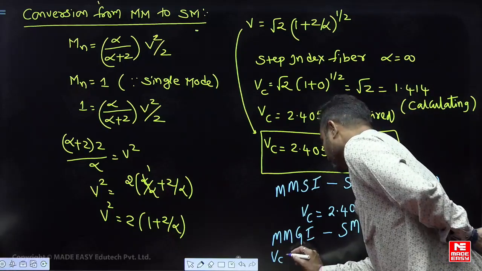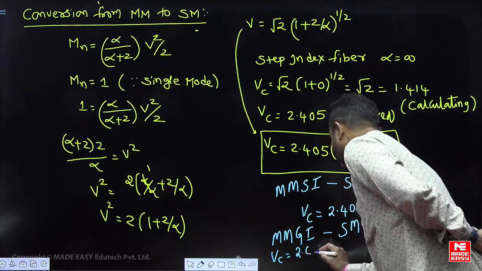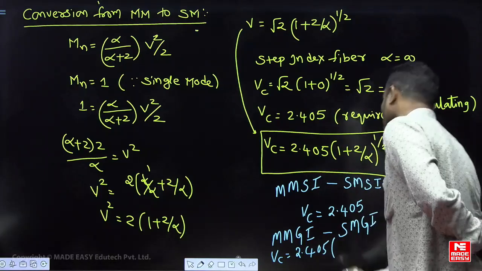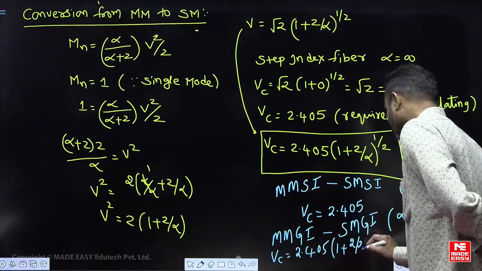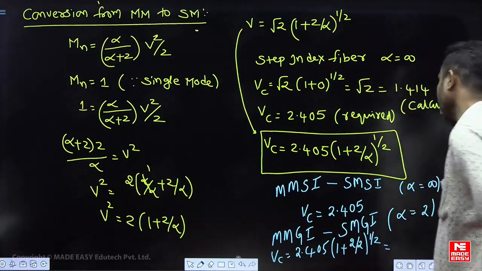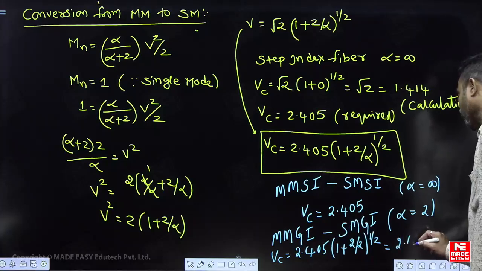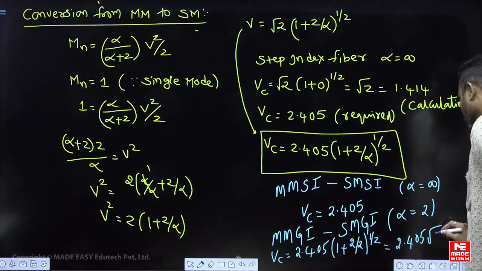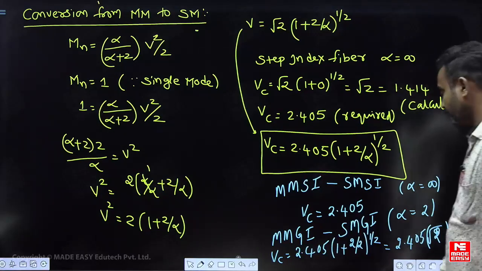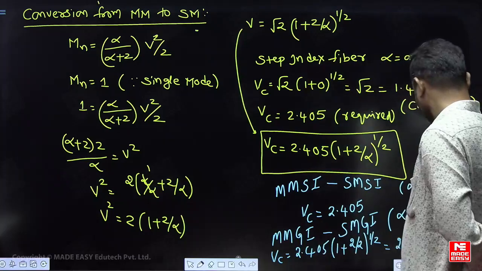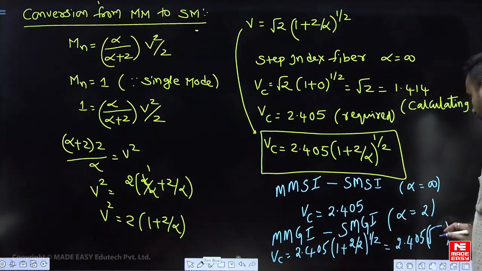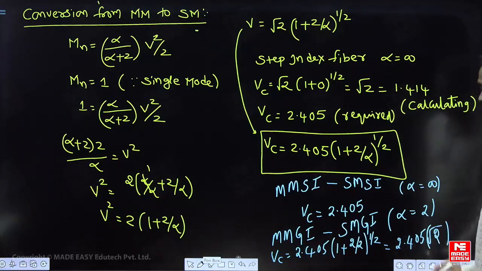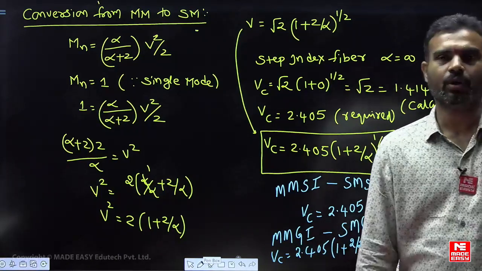Your Vc is equal to 2.405 into (1 plus 2 by 2) whole to the power of 1 by 2, and that is 2.405 into root 2. So you can take this value as the Vc, and we will convert MMGI into SMGI.